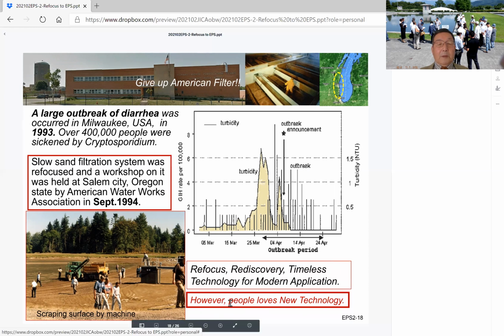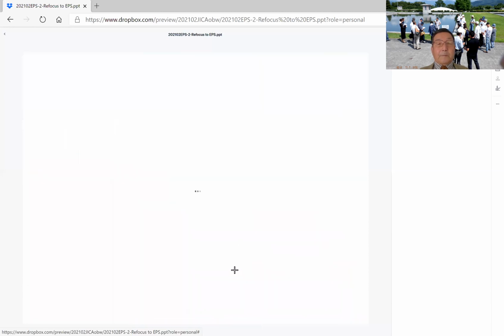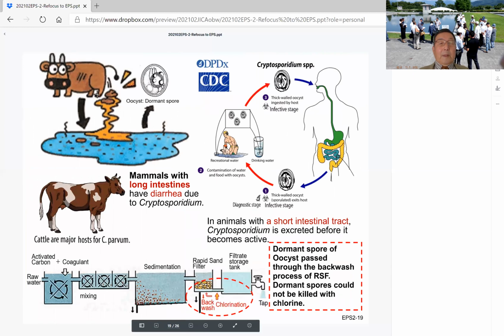But people said, however, people love the new technology. This is the problem. As you know, diarrhea due to Cryptosporidium usually occurs only in mammals. Mammals with long intestines have diarrhea due to Cryptosporidium.